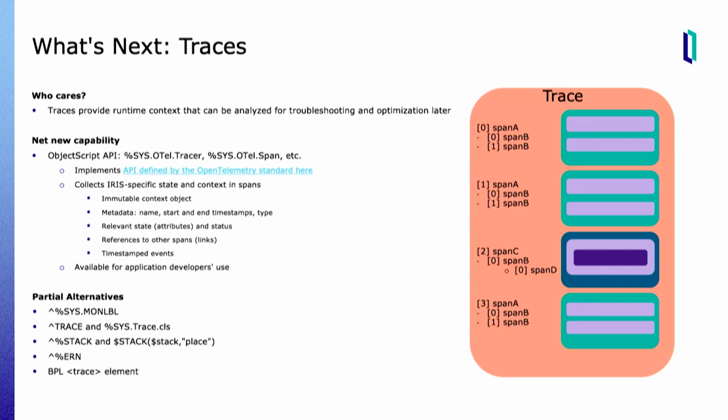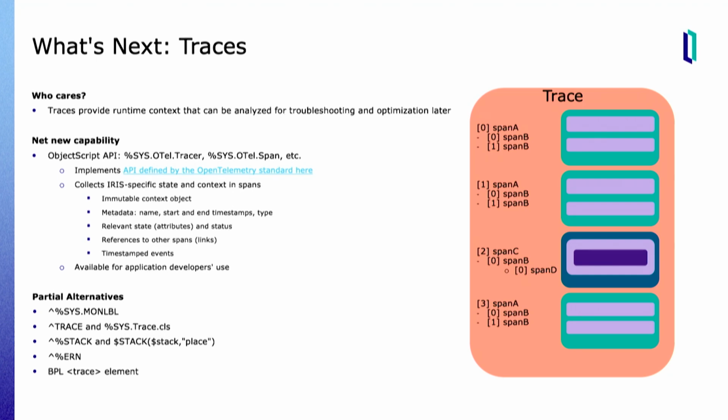Like names and timestamp, type information, right? You're gonna include your custom application state, I don't know, patient ID, something like that. You're going to include potentially references to other spans, right?